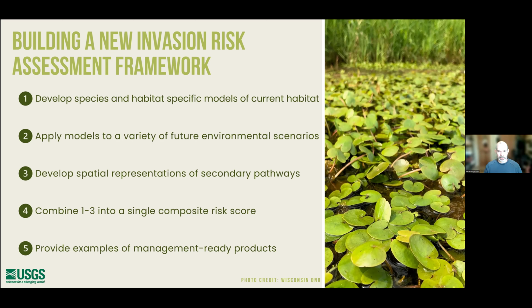That allows us to create a single digestible piece of information for managers to use while still having these components from steps 1 through 3. And the last point here, examples of management ready products, is talking about what this looks like, both from a data standpoint and maybe from a data aggregation standpoint.